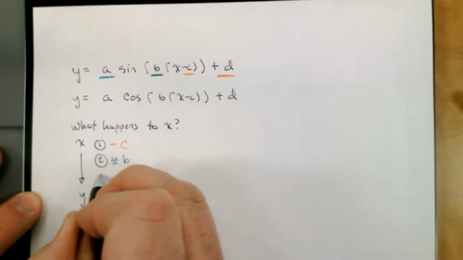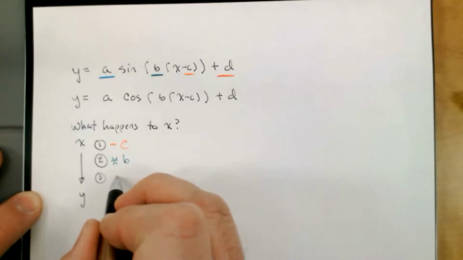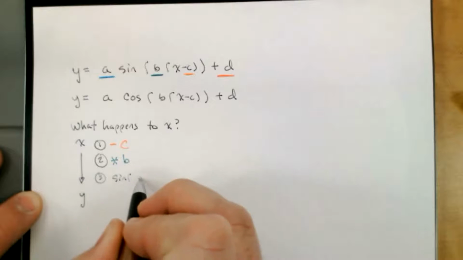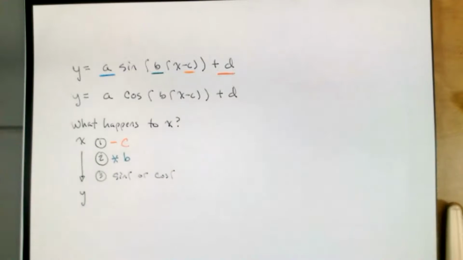The third thing that we would do is either the sine or cosine. Take the result, either hit the sine button or the cosine button, whatever the function happens to say.